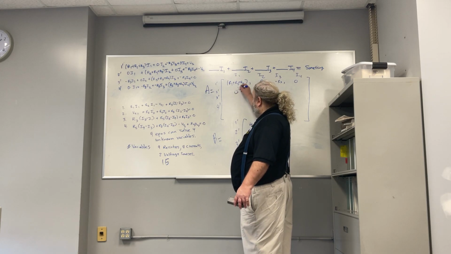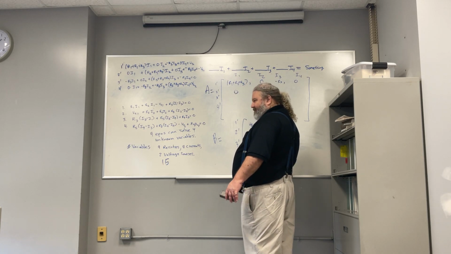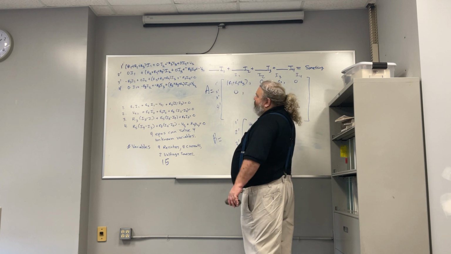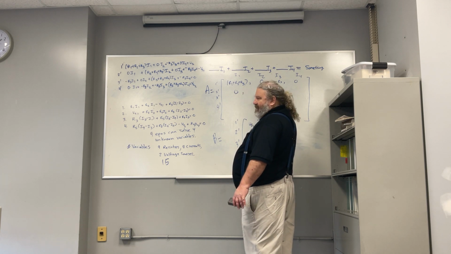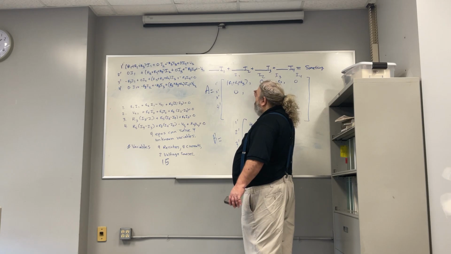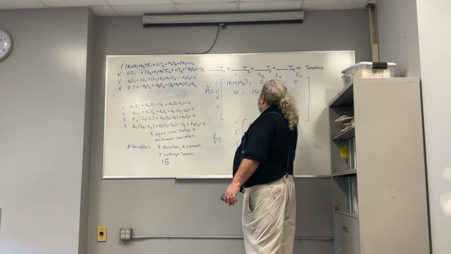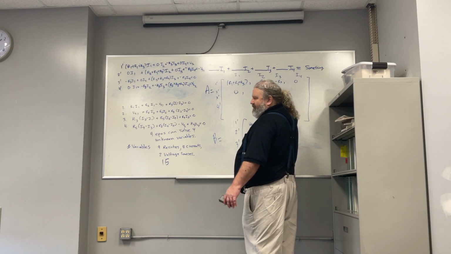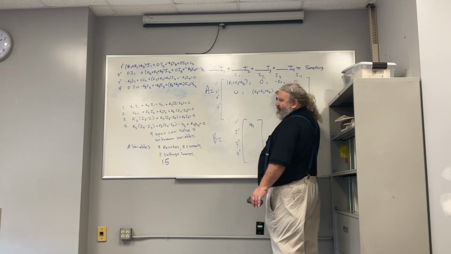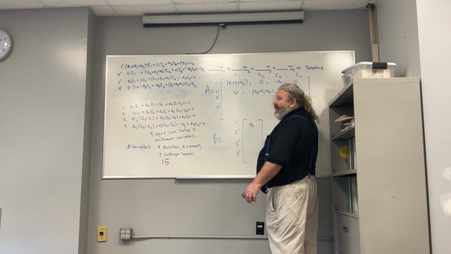Zero. 0, right? Yes? What's I2? Okay, in parentheses, R6 plus R7 plus R8, Christian. Okay, what's the third one? It's I3, right? What's the coefficient for I3? 0 I3.